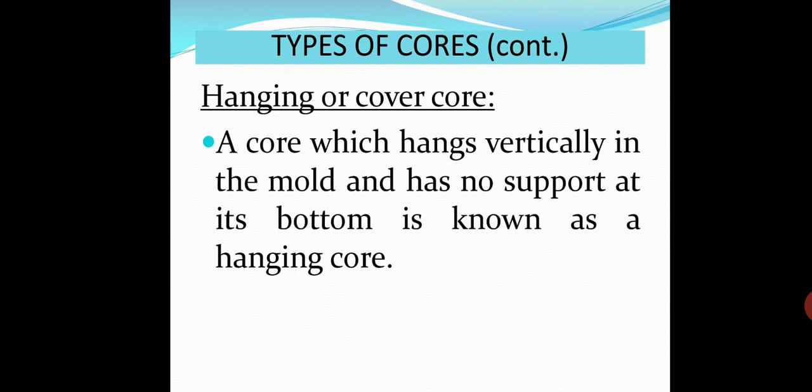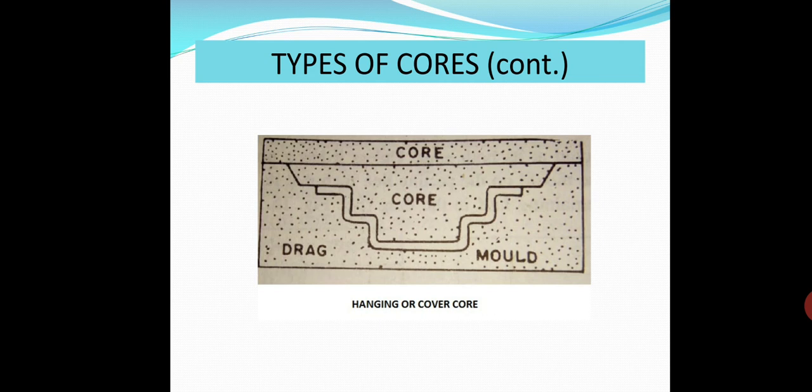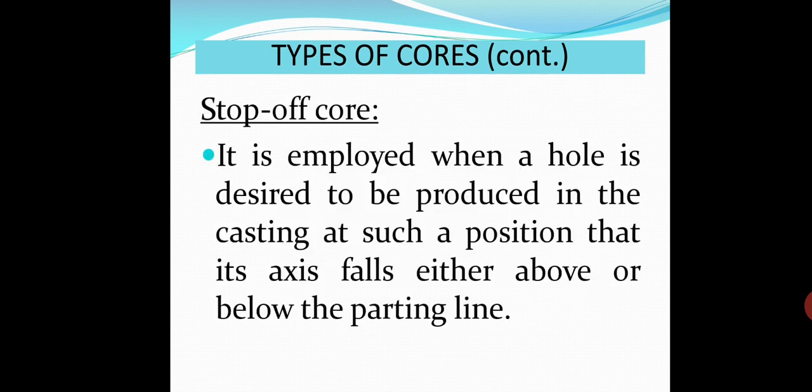Next is hanging or cover core. A core which hangs vertically in the mold and has no support at its bottom is known as a hanging core. So this is the diagram of a hanging core. It is not supported at the bottom. Next is stop-off core.